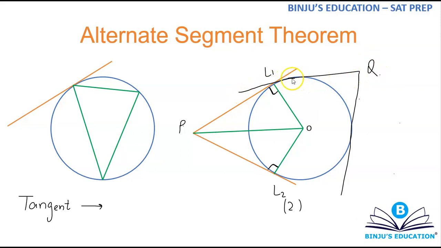Let's call this Q, let's call this M1, let's call this M2. So from any point that lies outside the circle, you can only draw two tangents to a circle. Remember this.